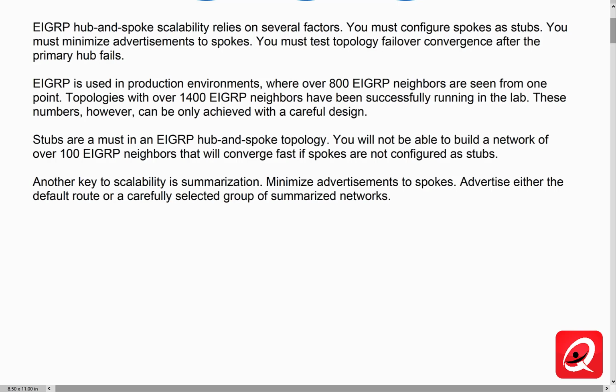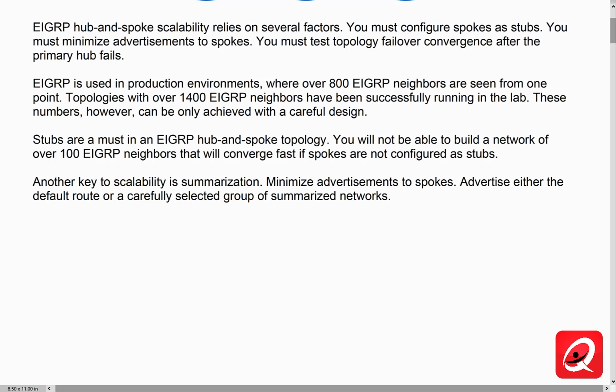But again, it's all about applying those three concepts that we discussed: summarization, query scoping, and route filtering. And we'll get into the route filtering concepts a little bit later on in another section.